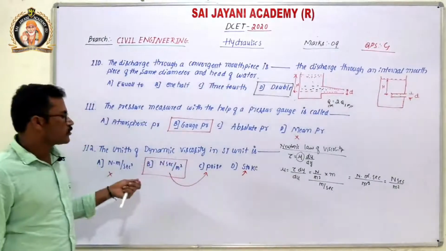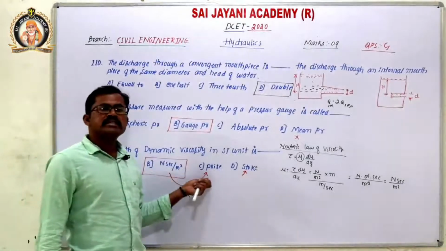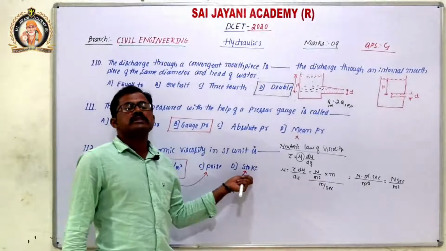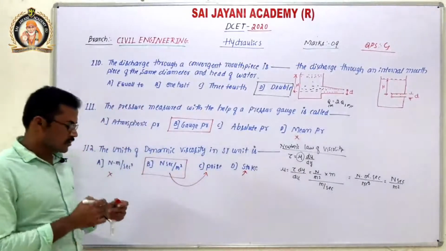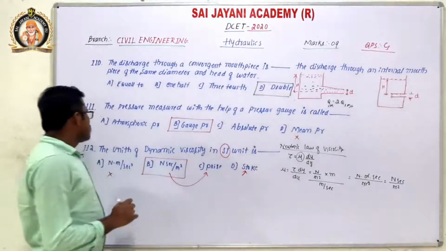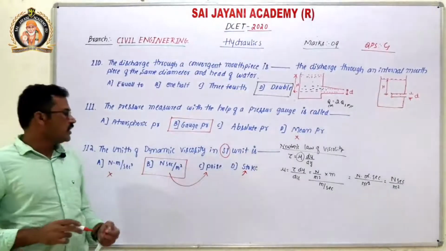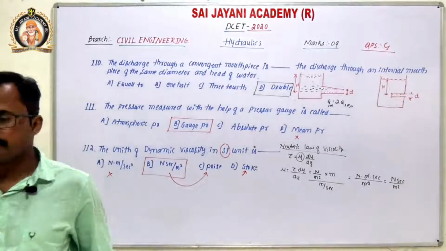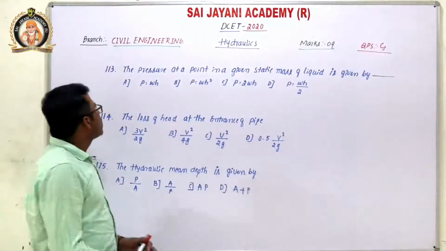Newton second per meter square. Poise is the CGS unit of dynamic viscosity, and Stoke is the CGS unit of kinematic viscosity. But he is asking SI unit. So the SI unit of dynamic viscosity is option B, Newton second per meter square. Next question, question number 113.